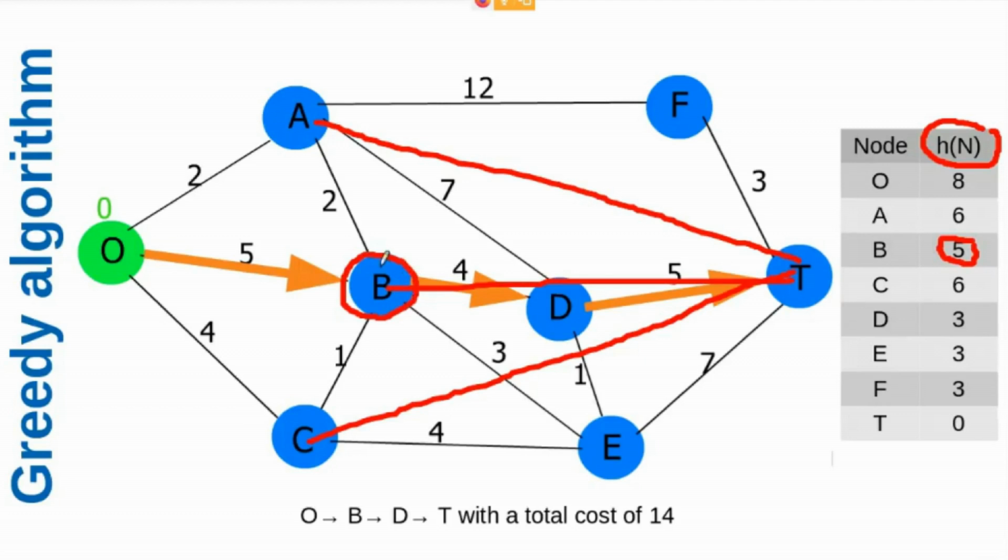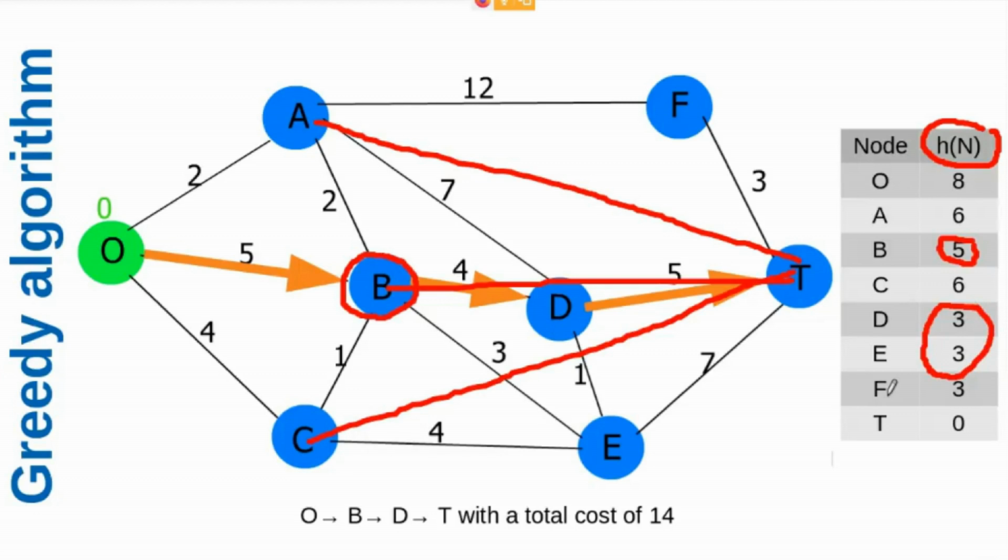Then, from the actual node B, let's consider all the neighbors of B. The neighbors are C, E, D, A, as you can see here. And out of them, the minimum value is at D and E. Can you see here?